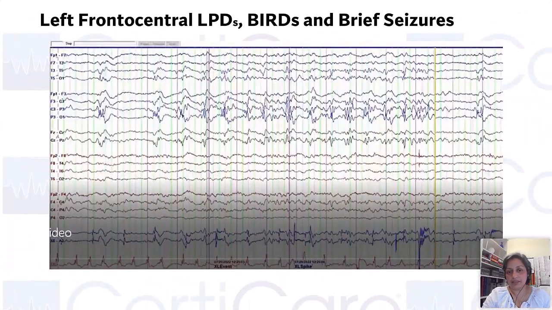Now this one is a little different. It's not a full-fledged event happening there. Frontal-central LPDs. We have brief intermittent rhythmic discharges and brief seizures. I mean, it's very subjective to call it seizures. Is it happening for 10 seconds, 9.5 seconds? That's what is happening, but this is a perfect example of left frontal-central LPDs. Let's look at this one.